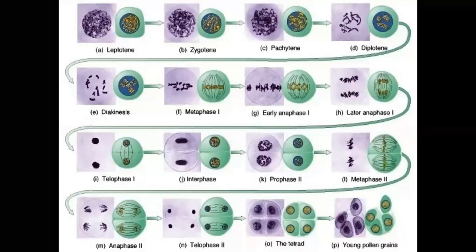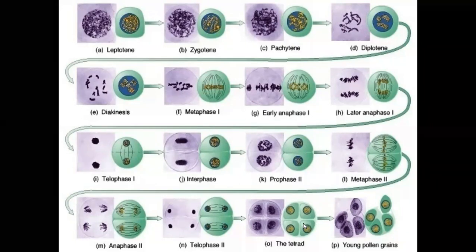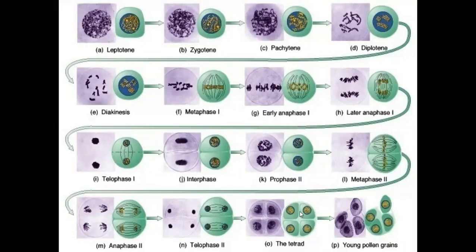From the diploid pollen mother cell, four haploid pollen grains are formed. The four haploid pollen grains are arranged at one place after completion of meiosis. This arrangement is called tetrad position. After that, the four pollen grains develop into mature pollen grains.